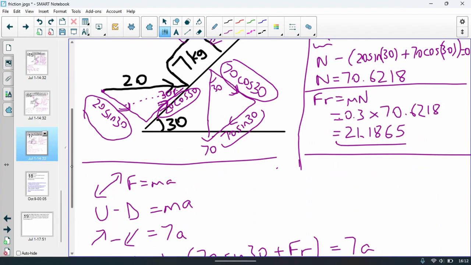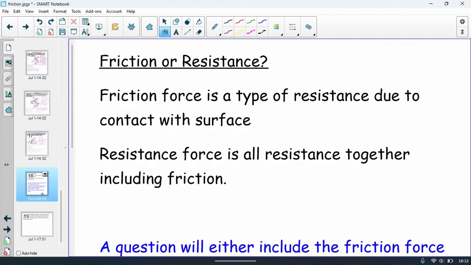Right, just try one more. Now most of the time, the question will involve friction. This is for rough surfaces, right? So the friction is a type of resistance, like air resistance and other types of resistance, right? There will be times when the question will just say resistance force, right?